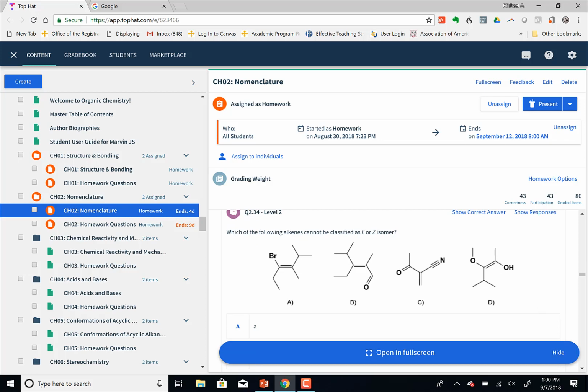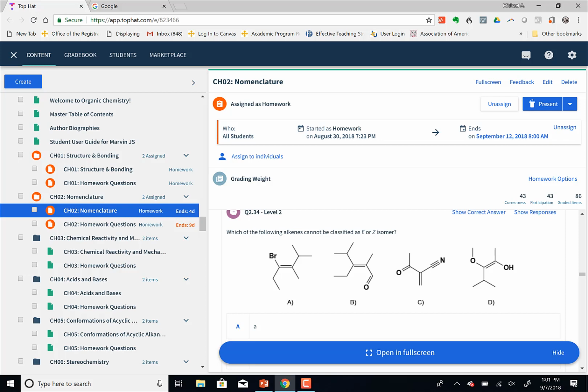This one. I was wondering, is G not a cis isomer? No, it's not cis. It's definitely not cis. Is it E or Z? We should probably go over that.